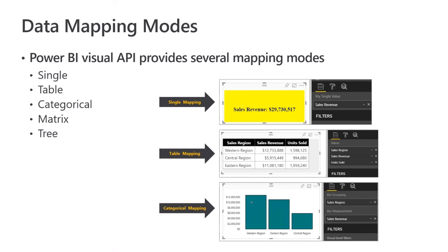There's also a table mapping, and I'll do a demo on that. And then the most common one, definitely more complicated than the first two, is called categorical. That's what you use to create most of the Cartesian charts. There are two more advanced ones, matrix and tree, that we're not going to be able to get into. I just wanted to call out that they do exist.